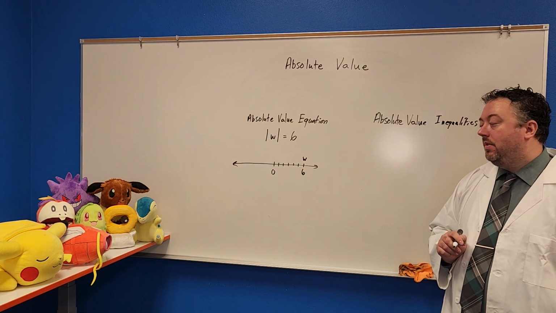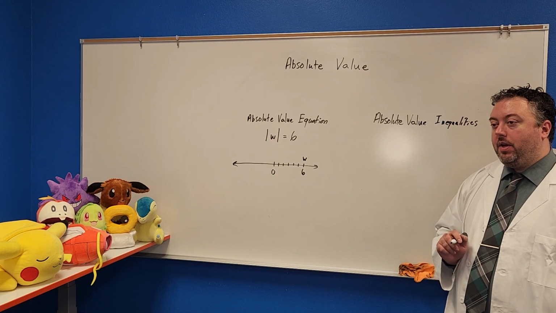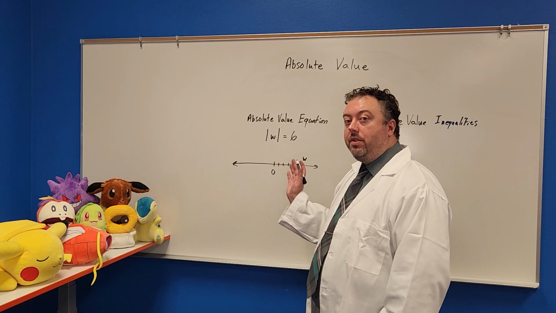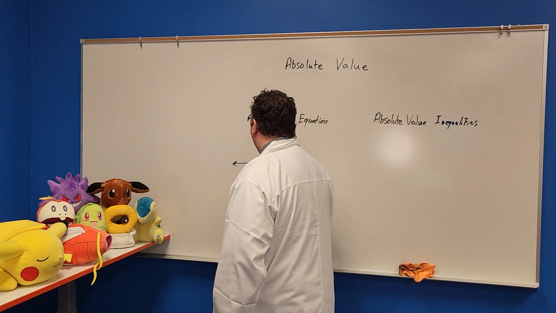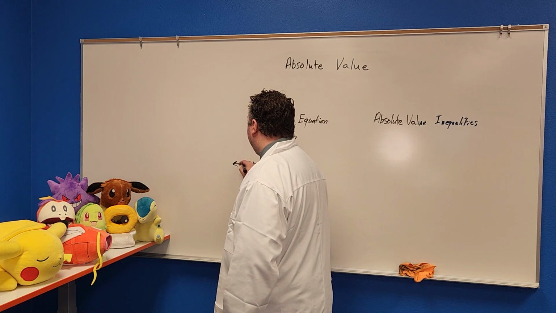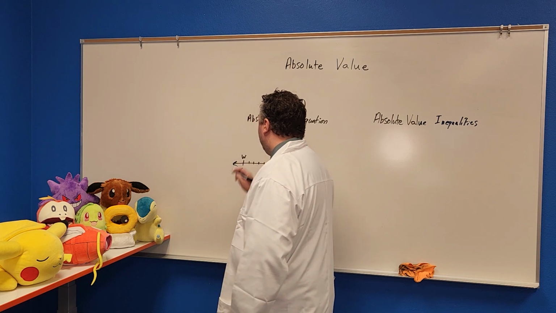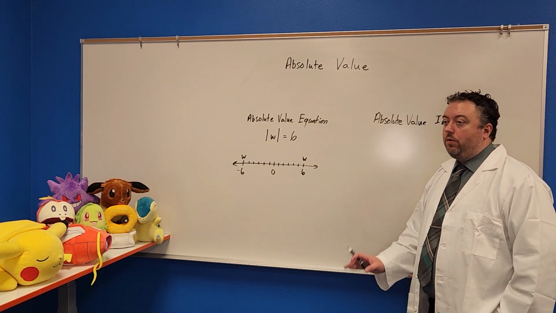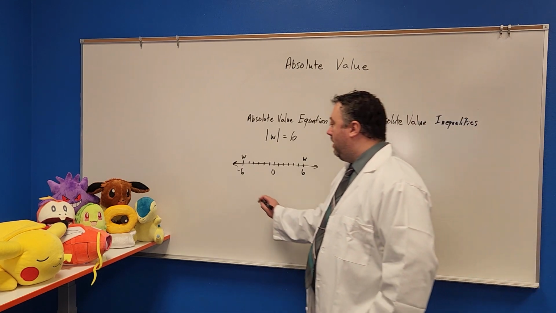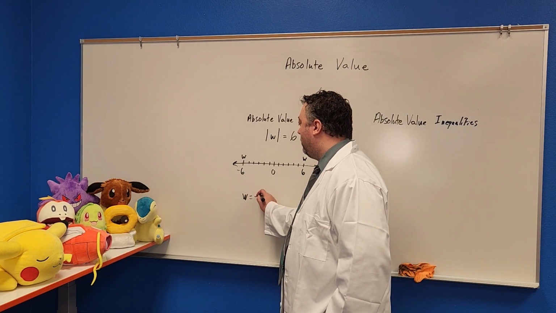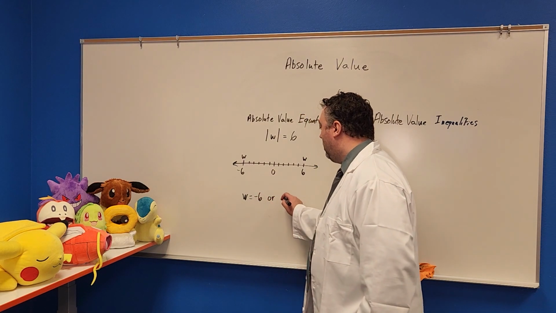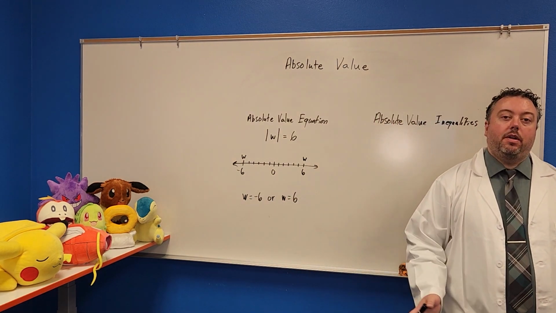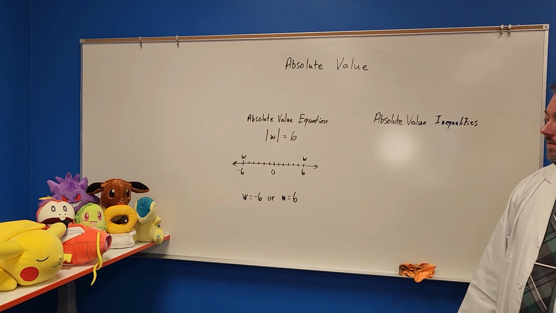But here's the thing. That is not the only location that is 6 units away from 0. There is another if we now go to the left. 1, 2, 3, 4, 5, 6. And so there are actually 2 locations for W, which means W can equal -6, or W could equal +6 because both are 6 units away from 0.